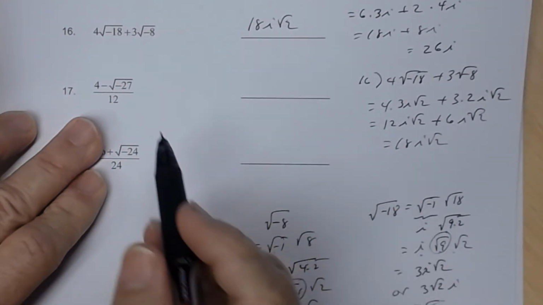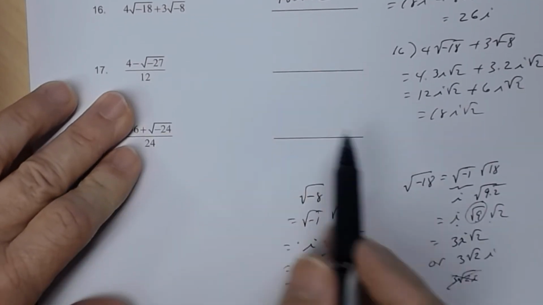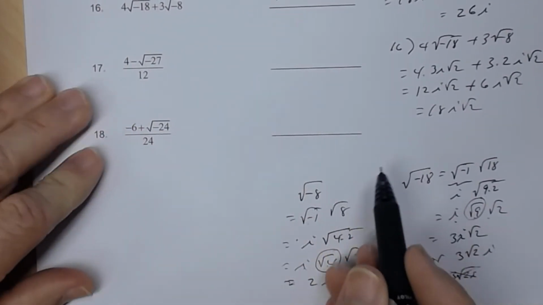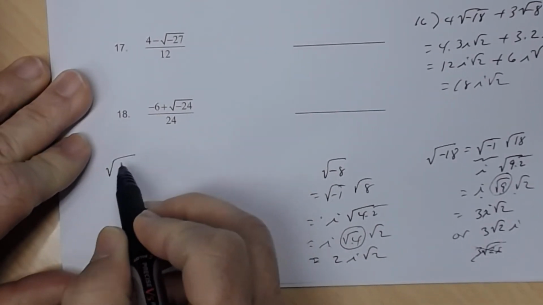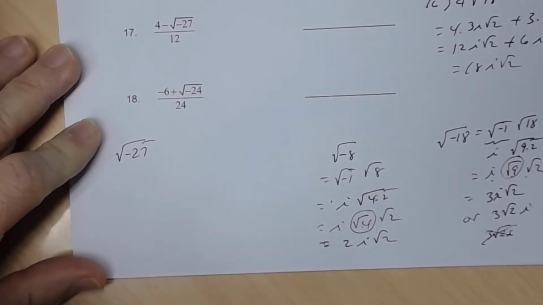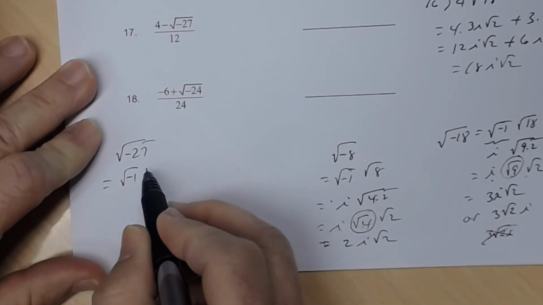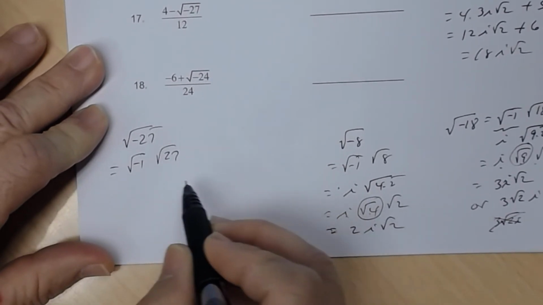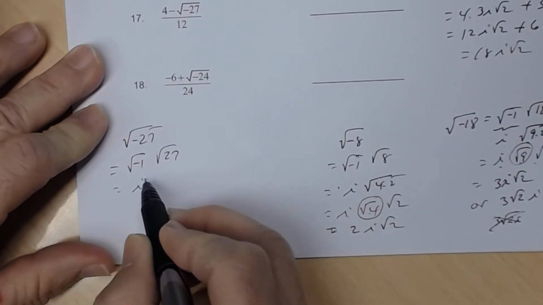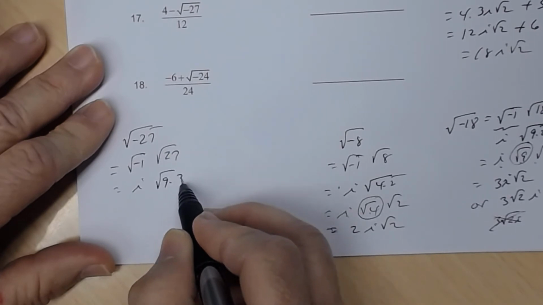Okay, number 17. You see this square root of a negative 27, you can do it just like you did these right here. You're going to figure out what perfect square goes into 27, which is 9. So you're going to say square root of negative 1 times square root of 27. Square root of negative 1 is i, and that's going to be square root of 9 times 3.